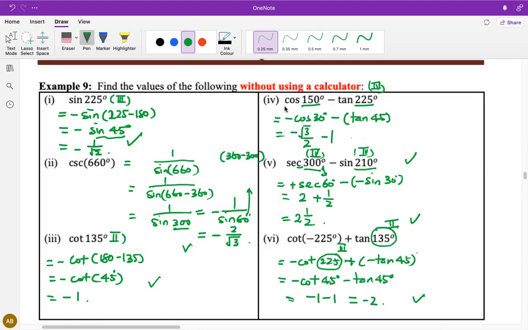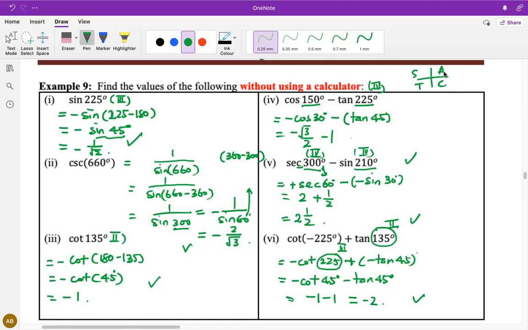We need to change the angle given in quadrant 2, 3, 4 into the reference angle, and then change the sign according to the trigonometric function given. So remember the mnemonic: all science teachers are crazy, ASTC.